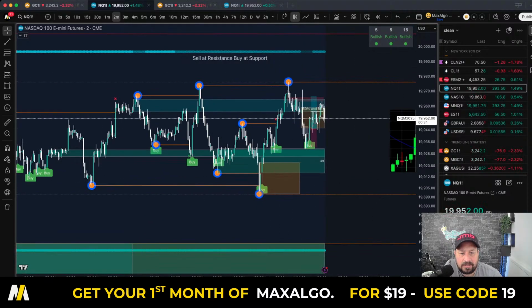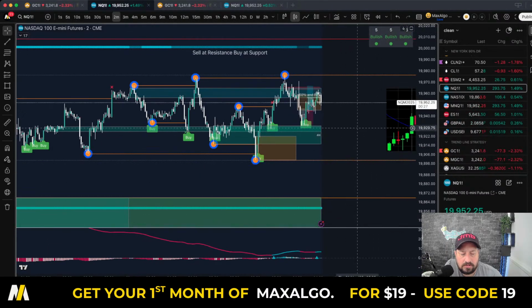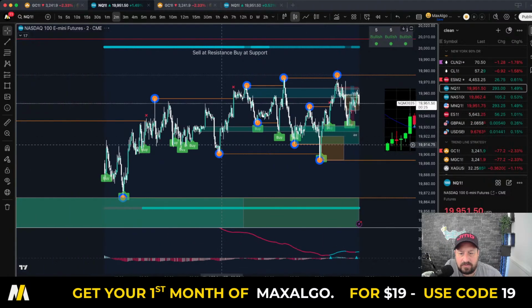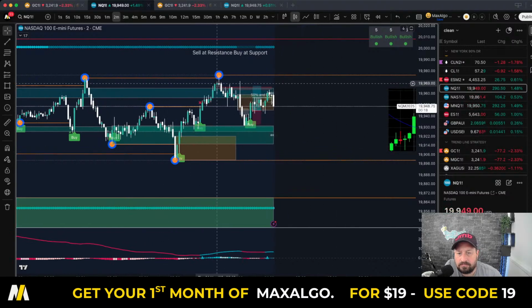I like the sell out there. So NQ's range, right? Being in this range, we come up, take the top of the range. Now potentially we're coming down.